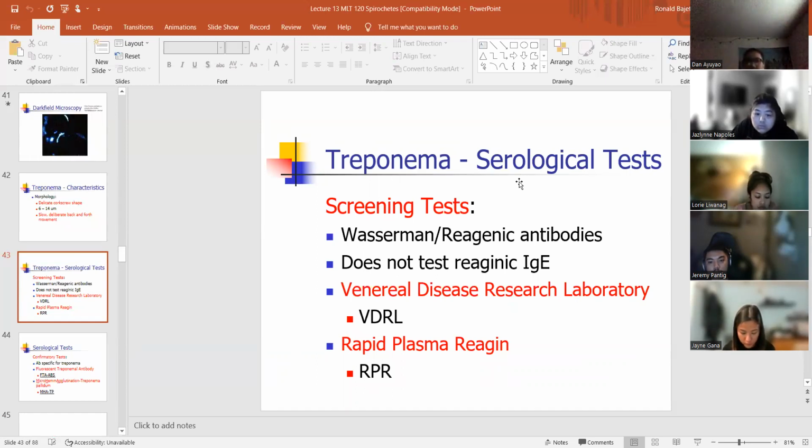But the two screening tests for syphilis that you'll be asked on a quiz are the VDRL, which stands for Venereal Disease Research Laboratory, or the RPR, the rapid plasma reagin. Keep in mind, these are only screening tests. This will not tell you that you have syphilis. It's screening, so if you're positive, you have to do confirmatory tests.